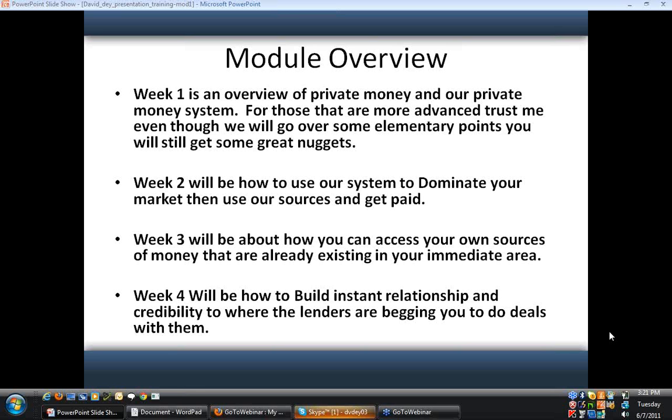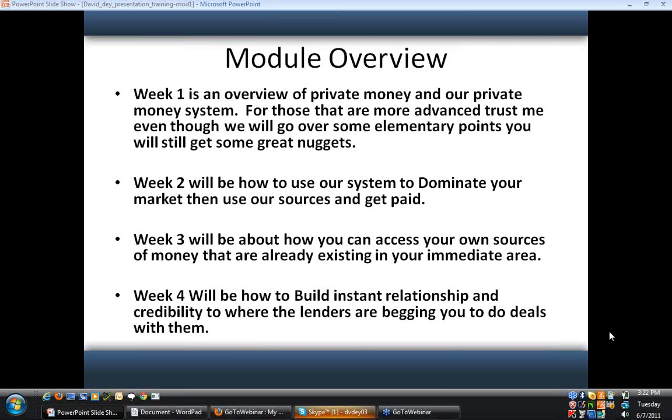Week 4 will be how to build instant relationship and credibility to where the lenders are actually begging you to do deals with them. See, finding the money, building your database and your stable is actually going to be the easy part. But as we've talked about before, when it comes to private money, you have to answer those two questions.